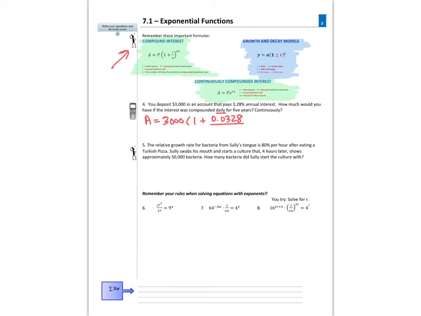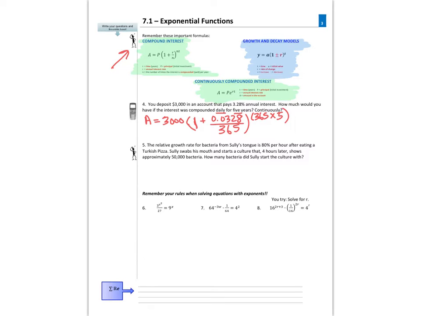Divided by N. N is the number of compoundings paid per year. So how often? Well, it's daily. How many days are in a year? You're right, 365, okay? And then we have to the nt power. So that's to the 365 times, how many? 5 years. Okay, so t is 5.